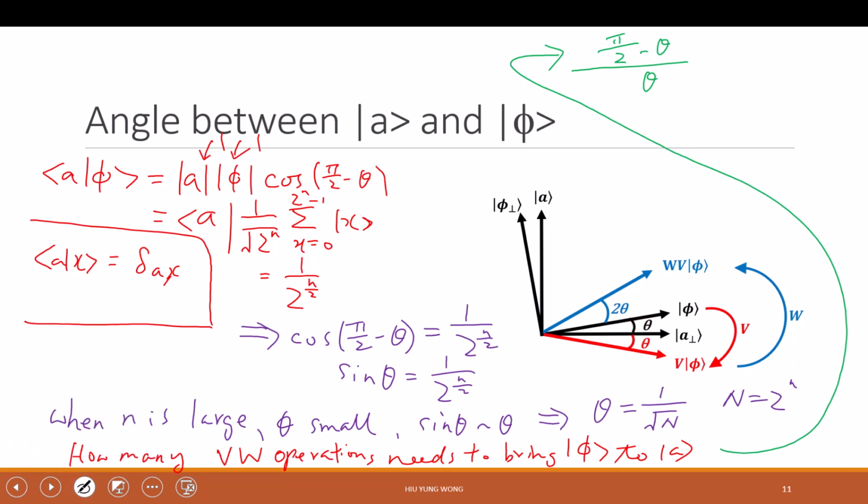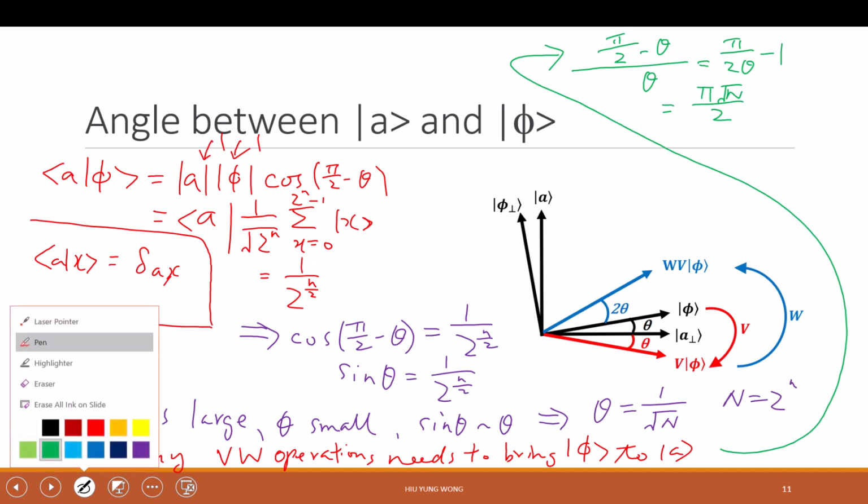It's going to be pi over 2 theta minus 1. But theta equals what? 1 over square root n, right? Did I do something wrong here? I'm sorry, yeah, it should be 2 theta.